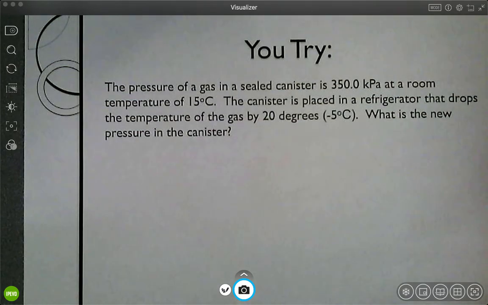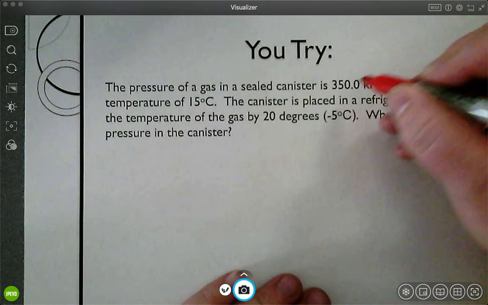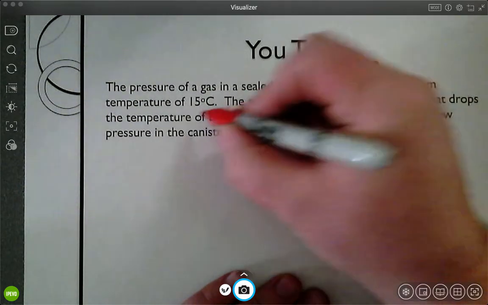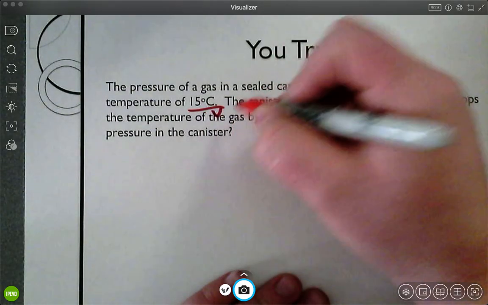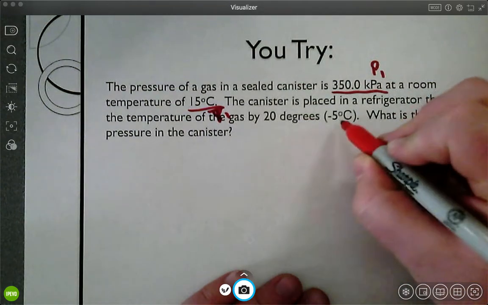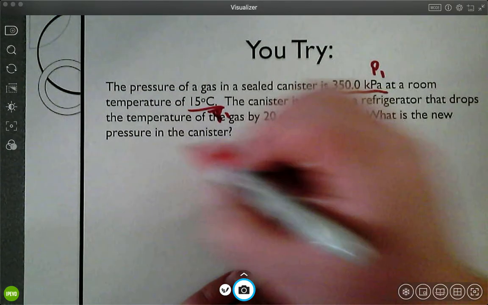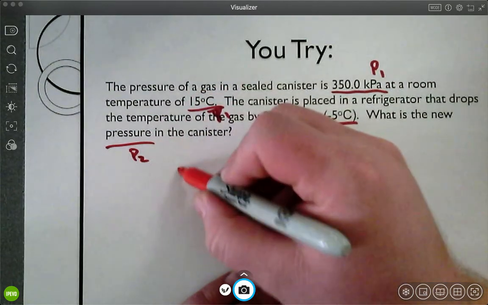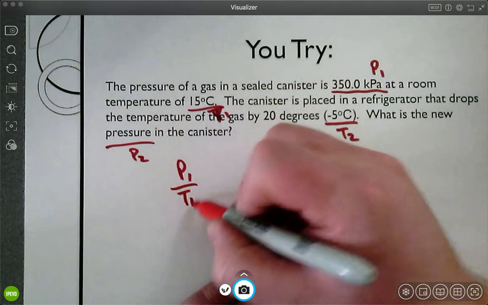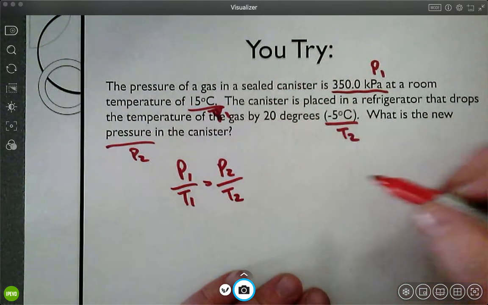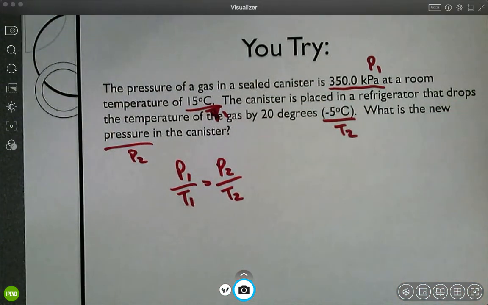Got an answer? Okay, so first off, this right here is P1. This one is T1, and then this one is T2. It's cooling down. So what we're looking for is the new pressure, P2. So P1 over T1 equals P2 over T2. First thing, let's convert these to Kelvin.